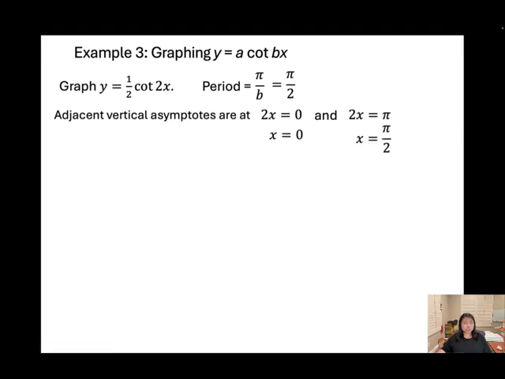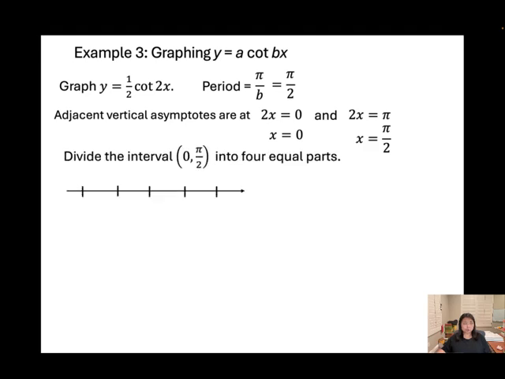Now we're going to divide it into 4 equal parts. I want you to try. Okay, add up, divided by 2, add up, divided by 2.